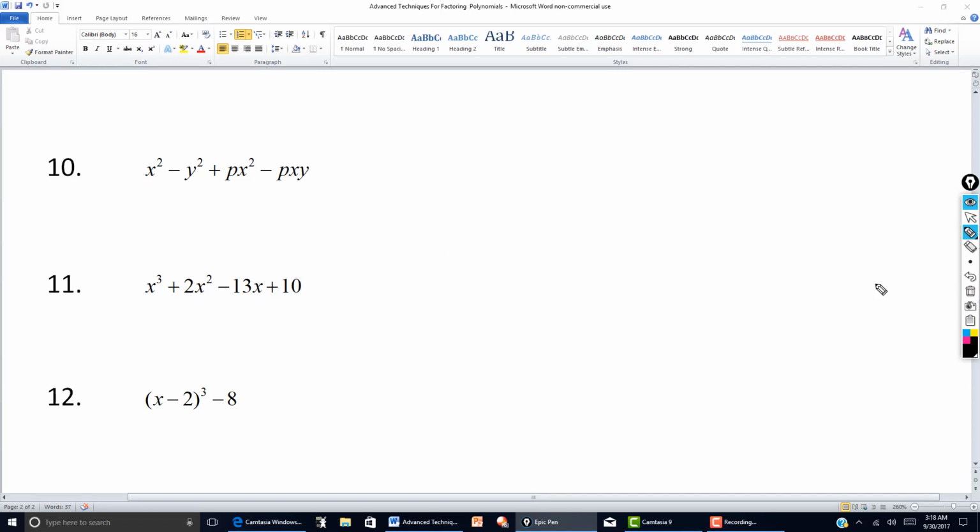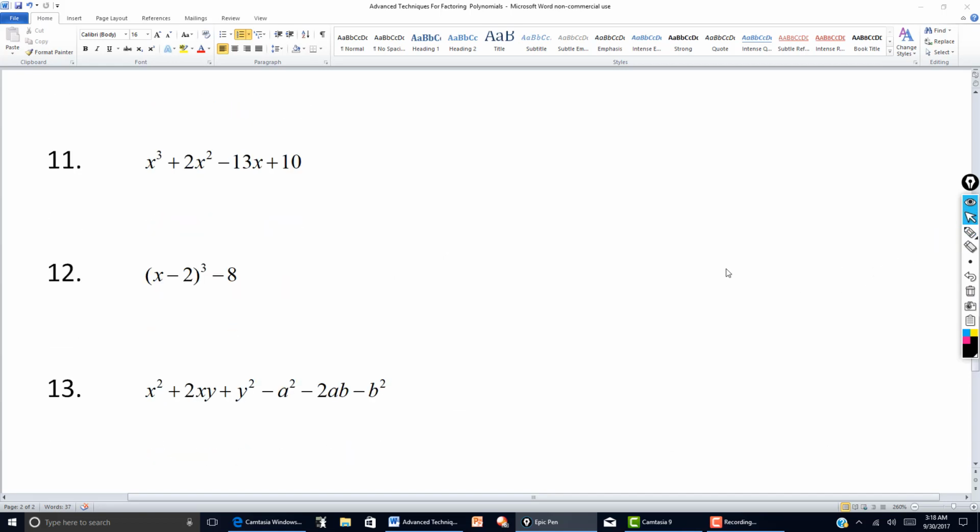Okay, so let's clear this. The next one has 6 terms. But notice, again, you play around with it, and you want to find some grouping method.